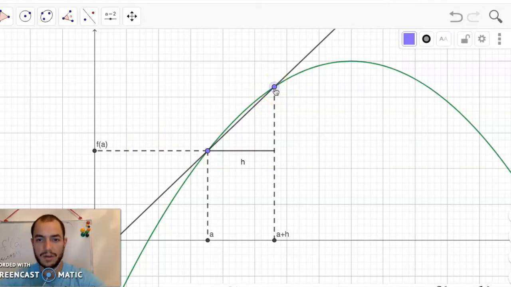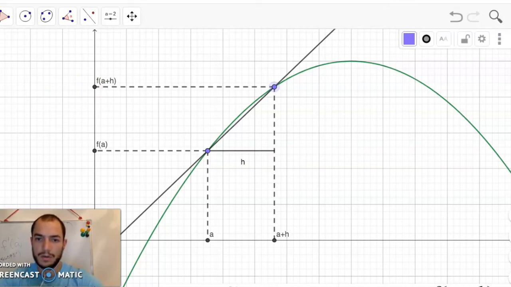Same thing for this point here. Let's see, the x-coordinate of this one is a plus h. So when we trace that back to the y-axis, the value of that is f of a plus h. In other words, the output if a plus h is the input into the function.